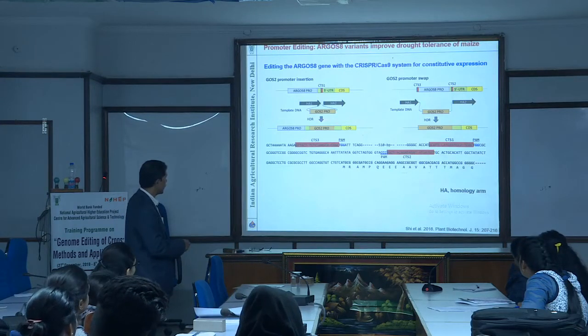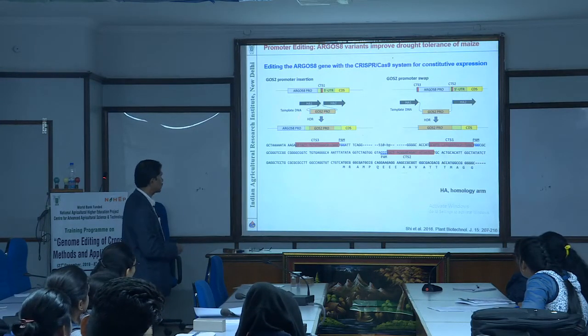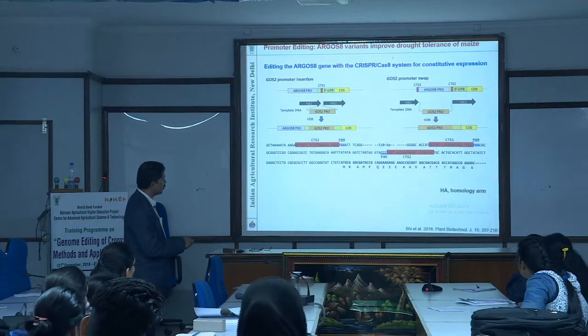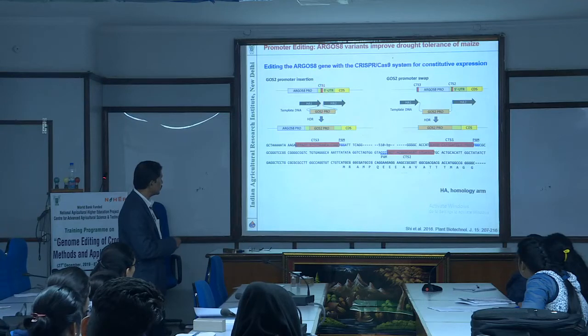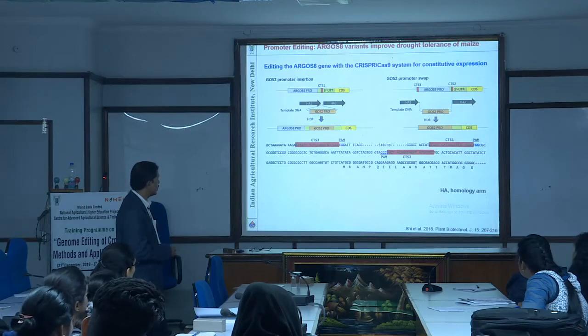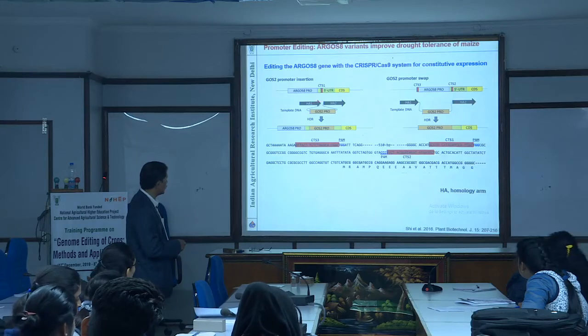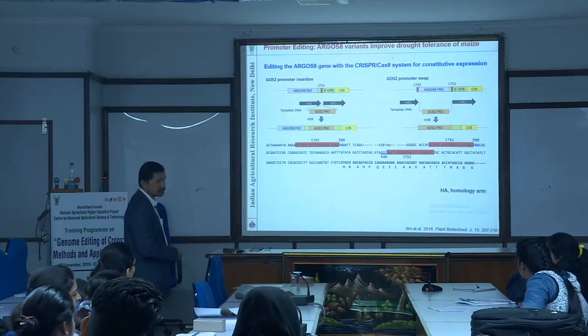They took a promoter region from the GOS2 gene and used two different guide RNAs to replace the Argos 8 promoter, or they used one guide RNA to insert this GOS2 promoter in the 5' UTR of the Argos 8 gene. In this they used homology of about 400 base pairs in the flanking region, which is homologous to this region and this region.